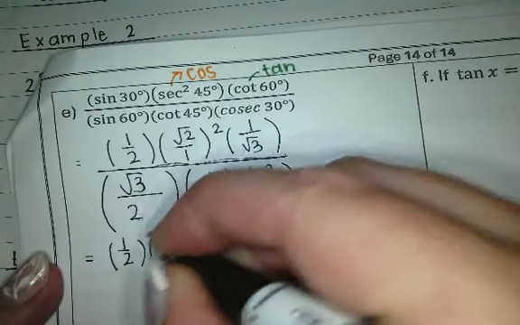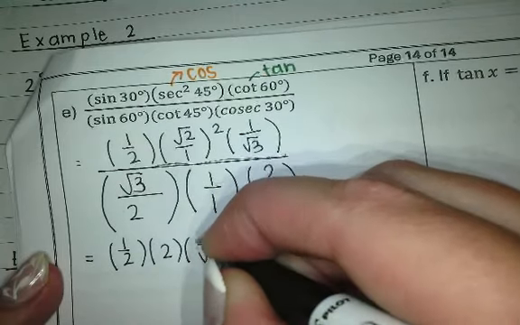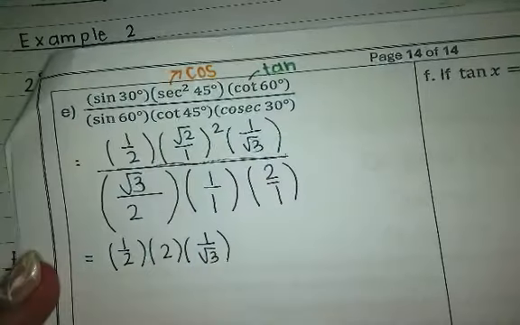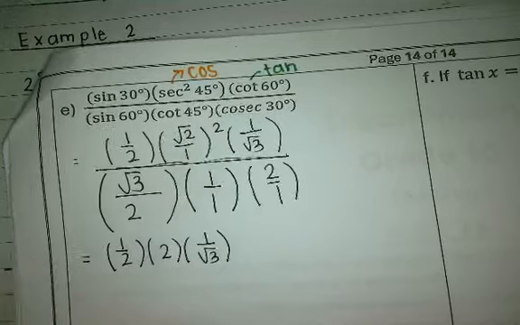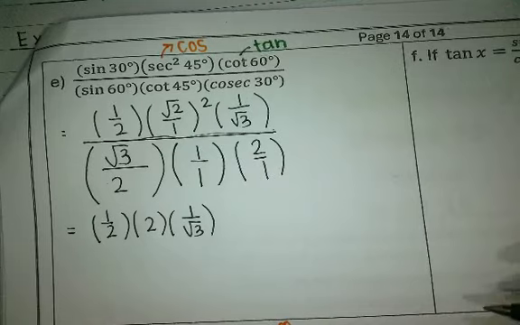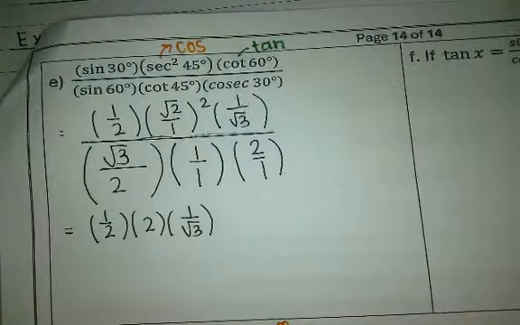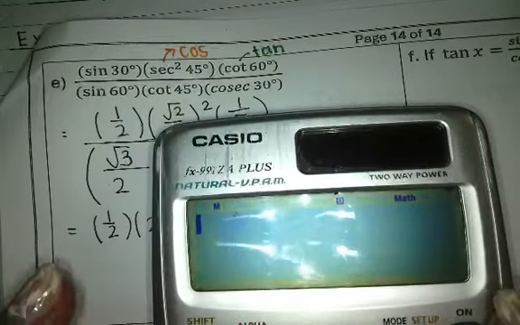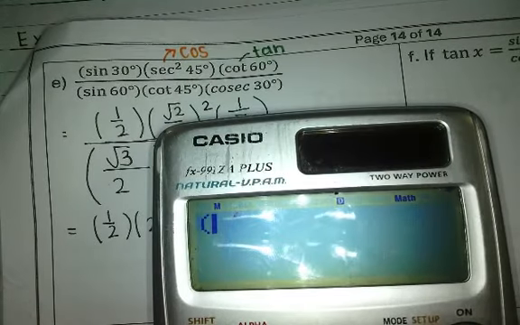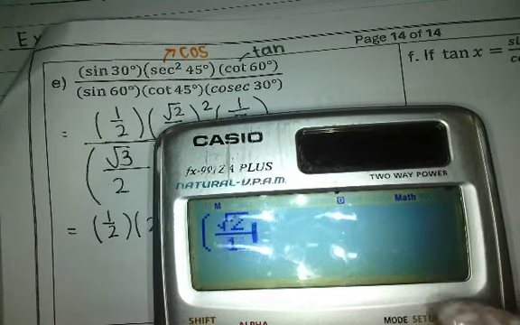Yes, ma'am. Okay, so it's going to be a half times 2 times 1 over square root 3. Are you with me? Yeah? The square. Because, remember, a square cancels out a square root. No, it cancels the square root, not the number under the square root.